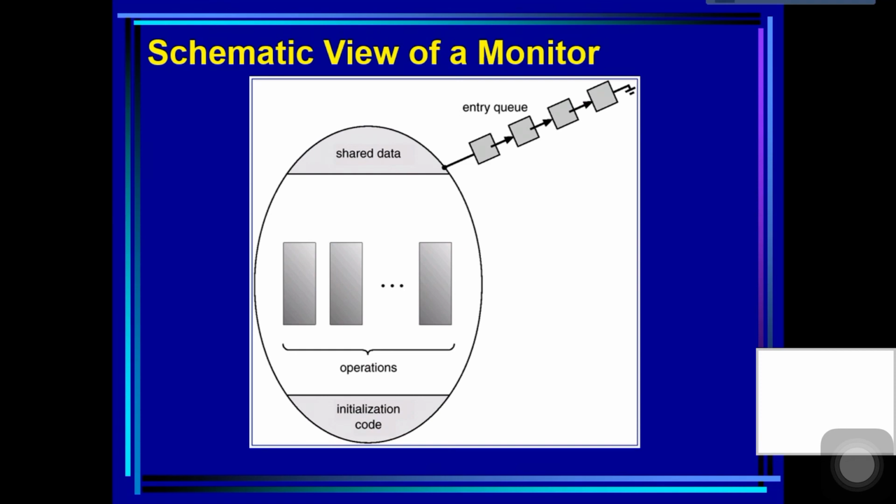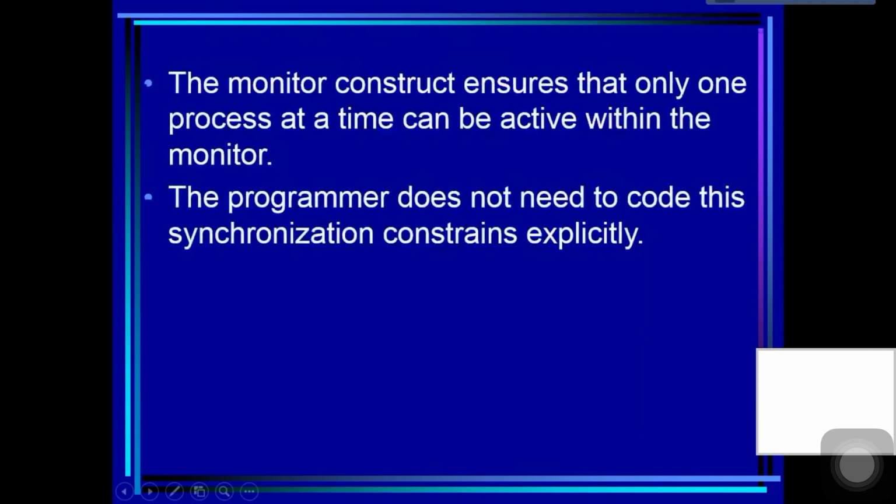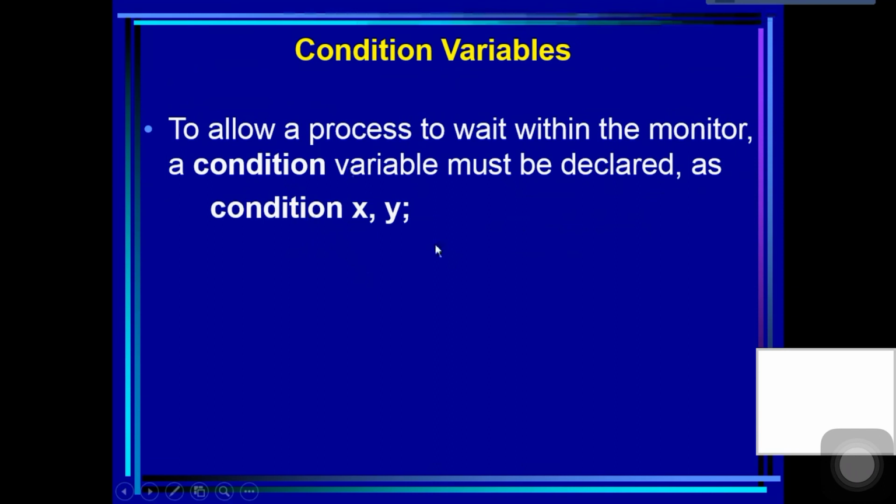However, the monitor construct as defined so far is not sufficiently powerful for modeling some synchronization schemes. For this purpose, we need to define additional synchronization mechanisms. These mechanisms are provided by the condition construct. A programmer who needs to write a tailor-made synchronization scheme can define one or more variables of type condition.